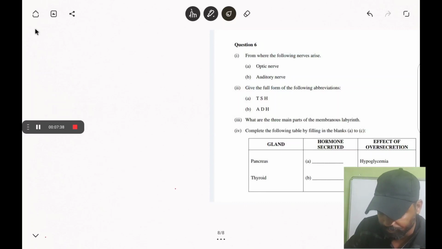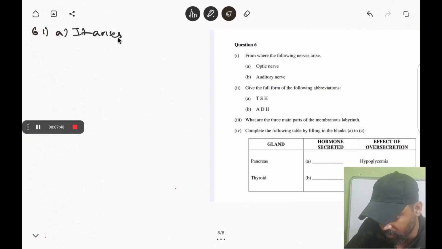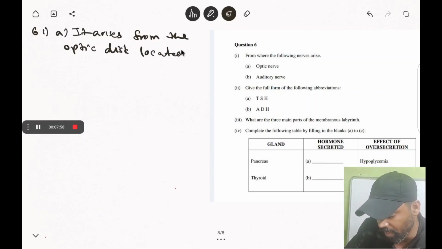Now let us see the last question. Number 6. 1A. From where the following nerves arise? Number A, optic nerve. It arises from the optic disc located at the back of the eye.